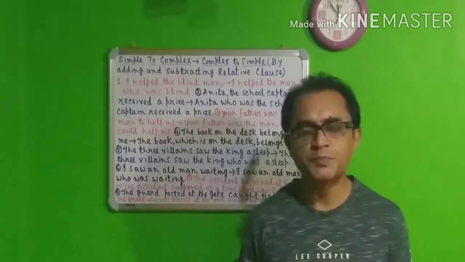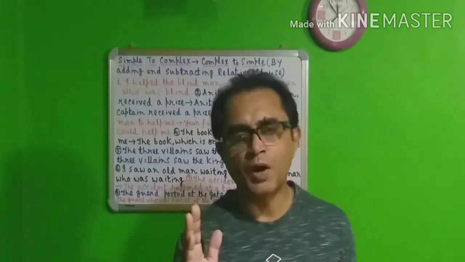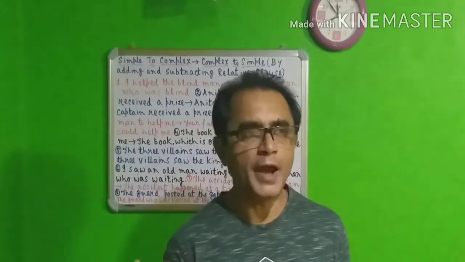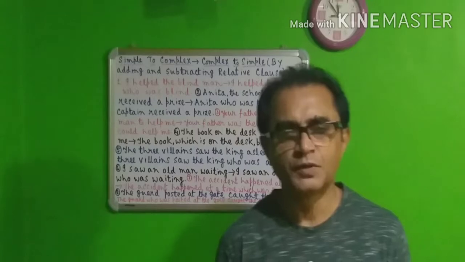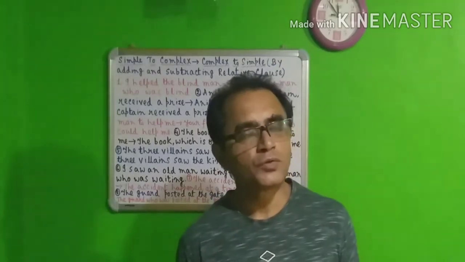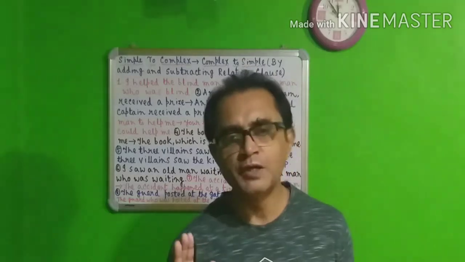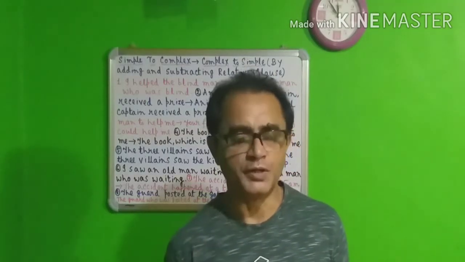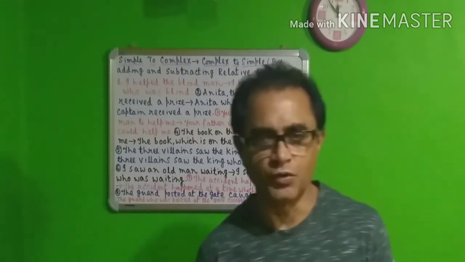And a complex sentence means a sentence where one part will be the main clause and the remaining parts will become subordinate clauses. Now, a clause, or part of the sentence, has mainly three kinds: main clause, subordinate clause, and coordinate clause.